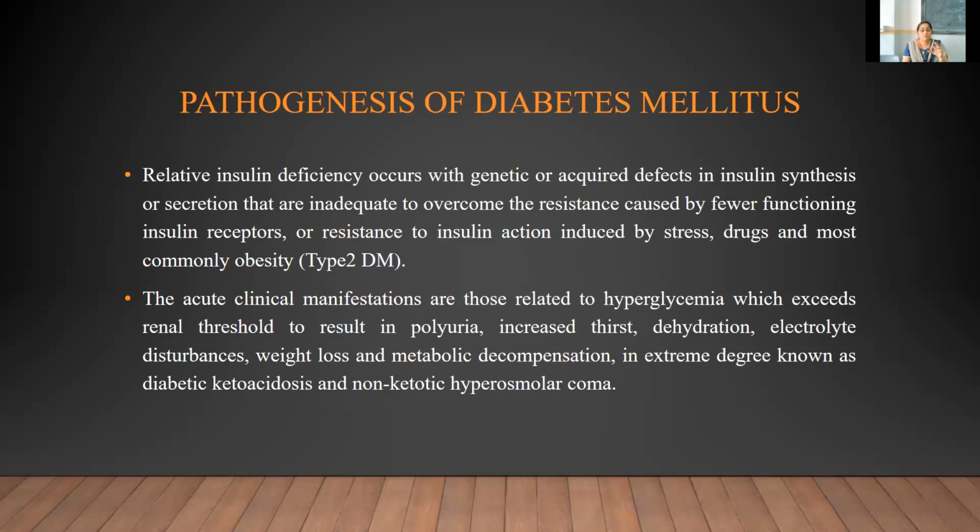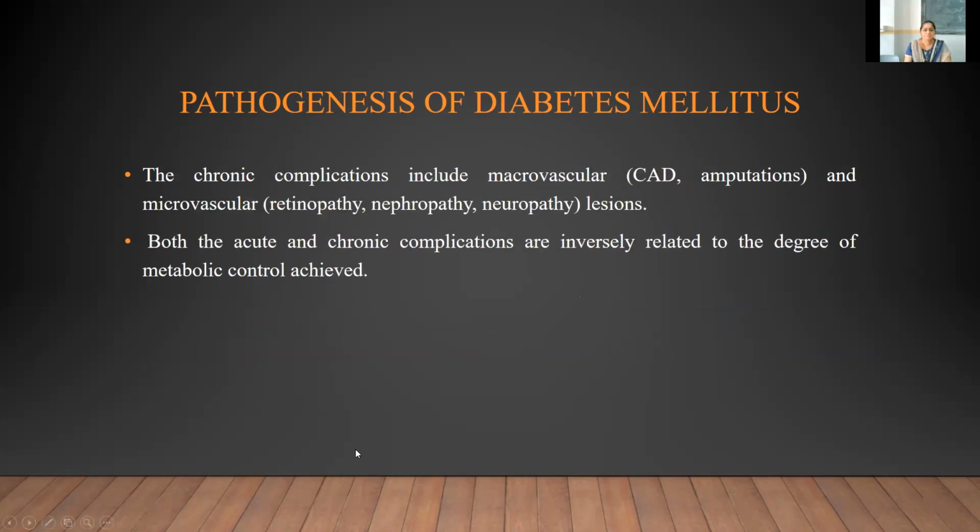There is a lot of metabolic decompensation occurring here, and in extreme degree, in acute and chronic cases of diabetes mellitus, it evolves into diabetic ketoacidosis, which we will be discussing in detail. What is meant by diabetic ketoacidosis? And another one is called non-ketotic hyperosmolar coma. These are the different culminations of diabetes if it is not treated properly.